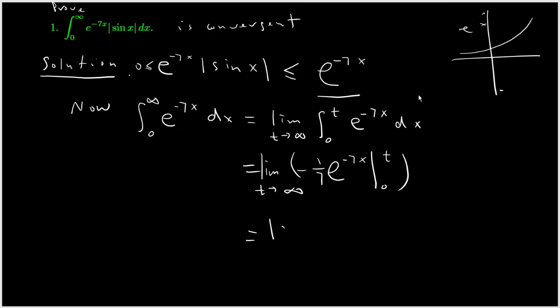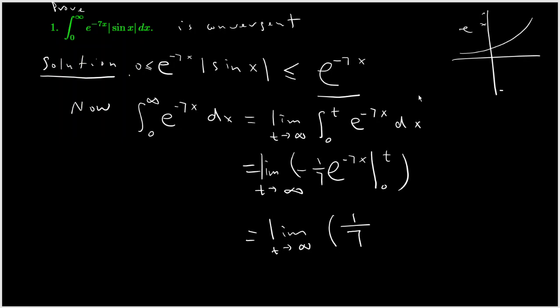And then we take the limit as t approaches infinity. You plug in 0 and then you plug in t. e to the power of 0 is equal to 1. I will jump a little bit quicker, okay?